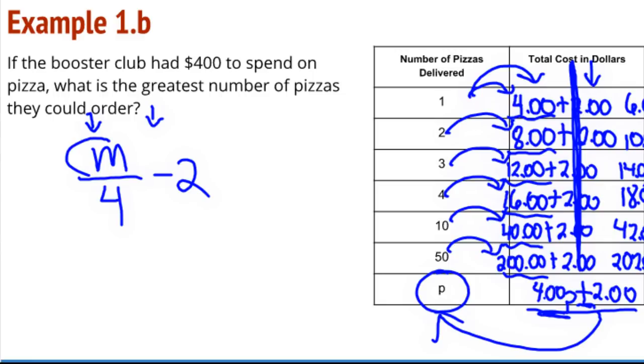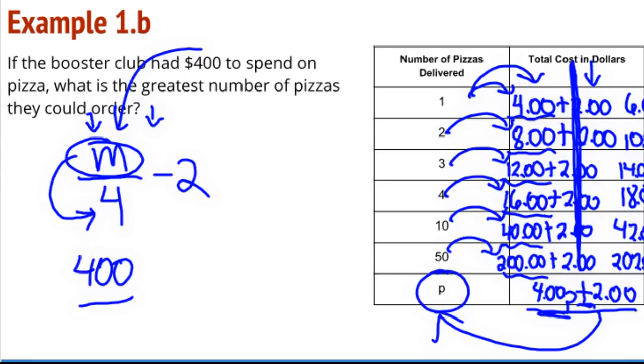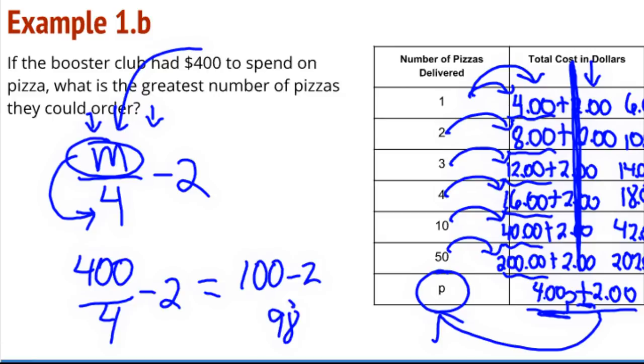And I am taking the amount of money that I have, this $400, and I'm dividing it by 4. So $400 divided by 4 and subtract 2. 400 divided by 4 gives me 100 minus 2, which will give me 98 pizzas.